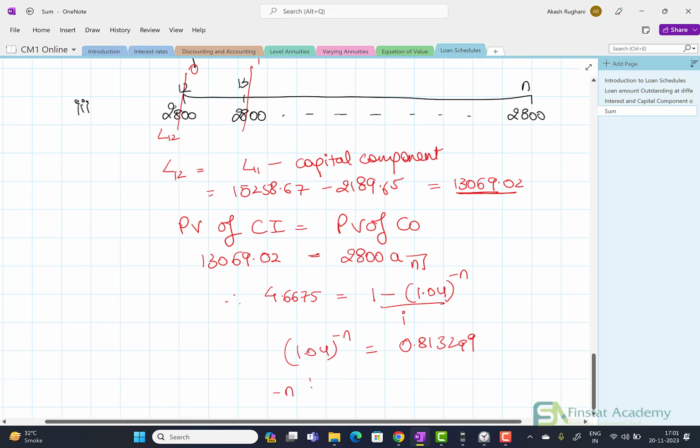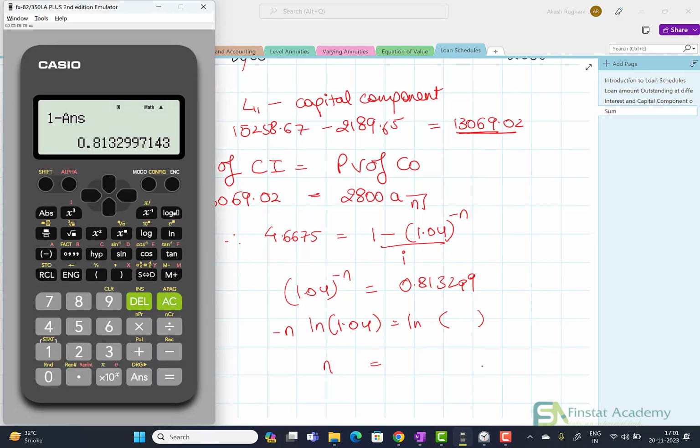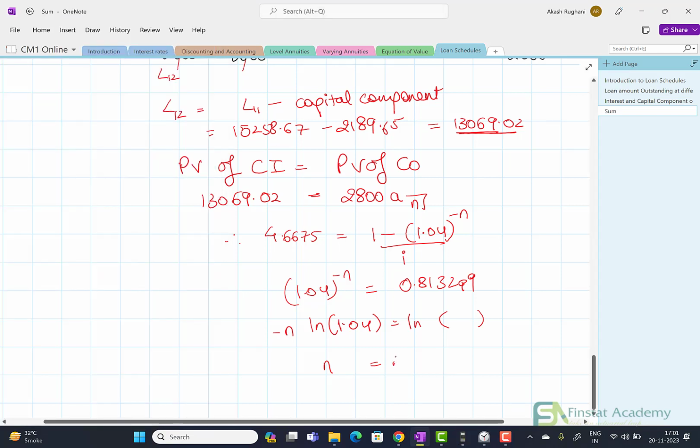So minus n log of 1.04 equals log of this, so n will become the natural log of the answer divided by log of 1.04. The minus gets cancelled, so n is 5.269.